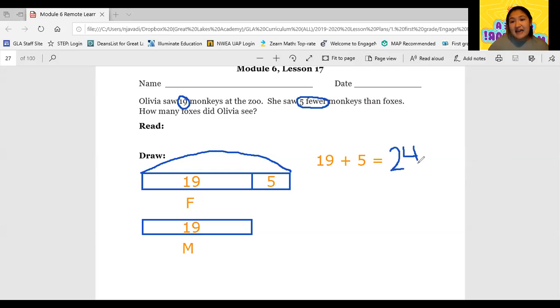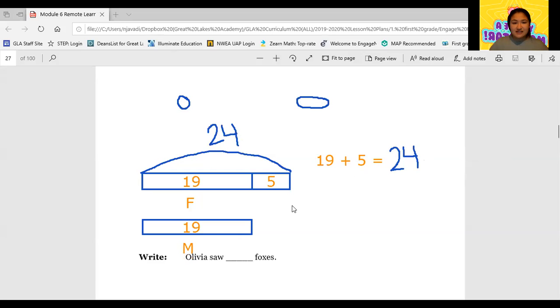You can make 10 or count up, that's up to you. But now we know that Olivia saw 24 foxes. I'm going to make sure that I write it in my answer statement. Let's read the answer statement together. It says, Olivia saw 24 foxes.